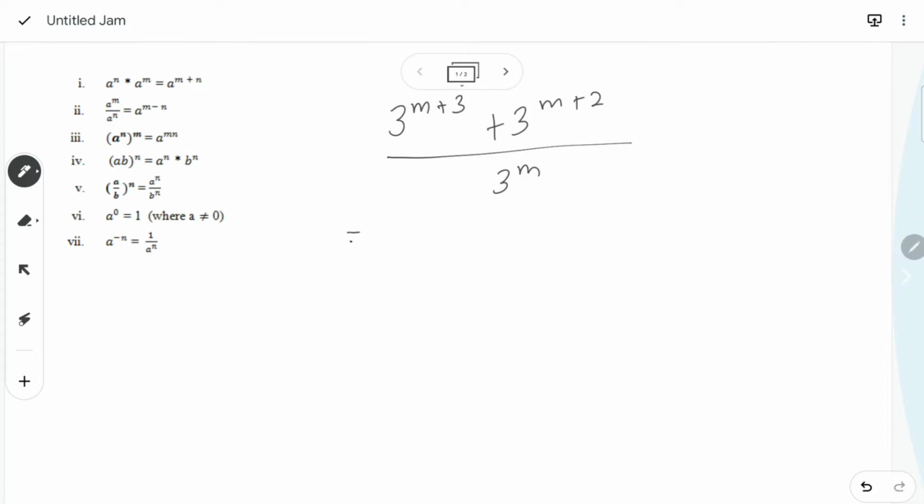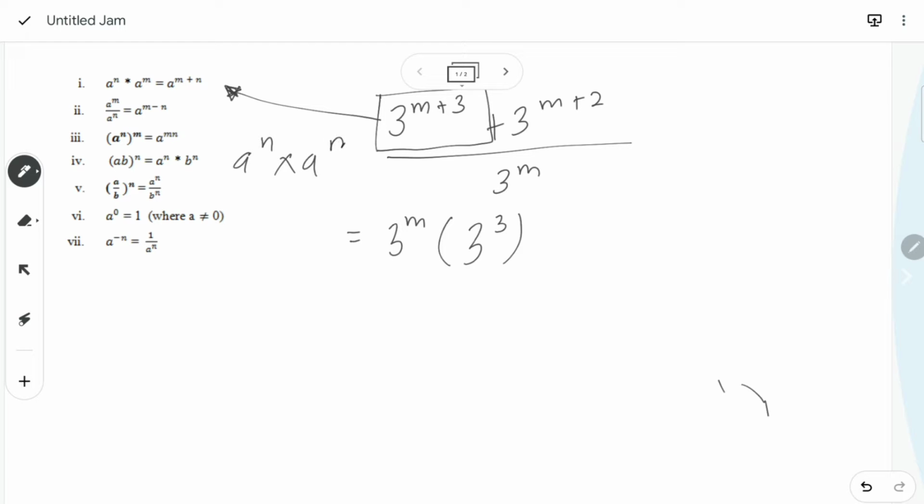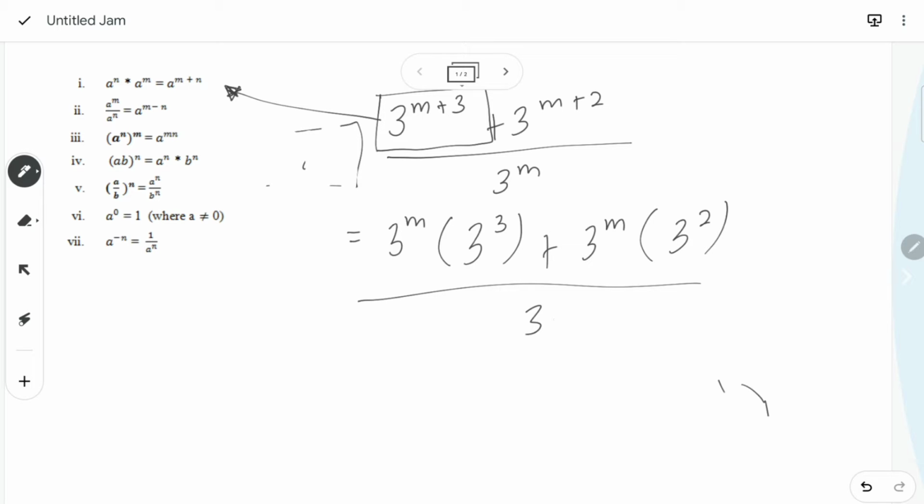Okay, so for this question, you can see the equation here, and you can change it into this form. I advise you to use this form and not a to the power of n times a to the power of m, because like this you're going to get confused easily. So go on to the question: 3 to the power of m plus 3 to the power of m in bracket 3 squared over 3 to the power of m.